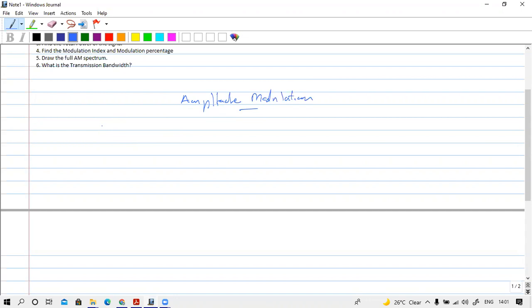So I think you can remember that in amplitude modulation, we are changing the carrier signal amplitude with respect to the information signal amplitude, the message signal amplitude.